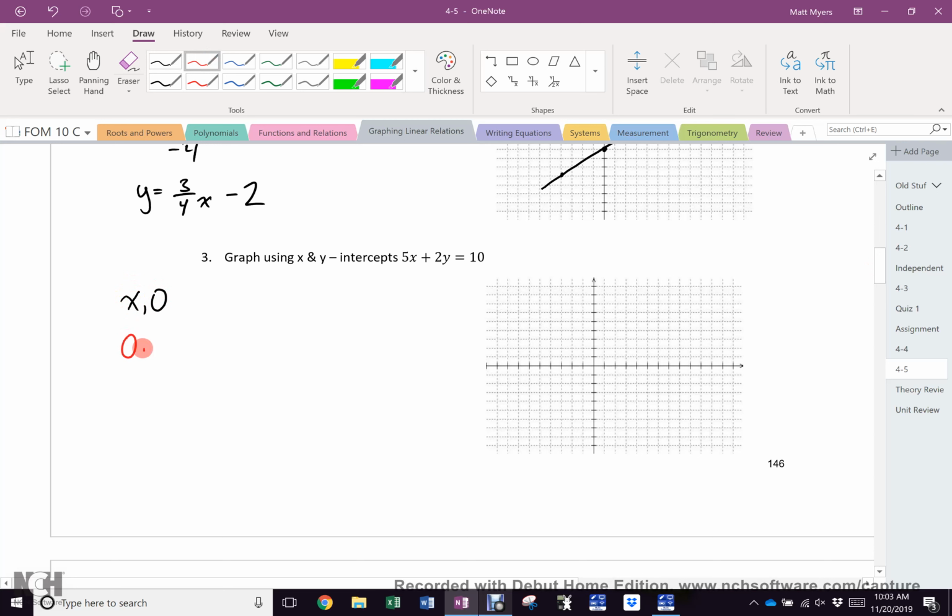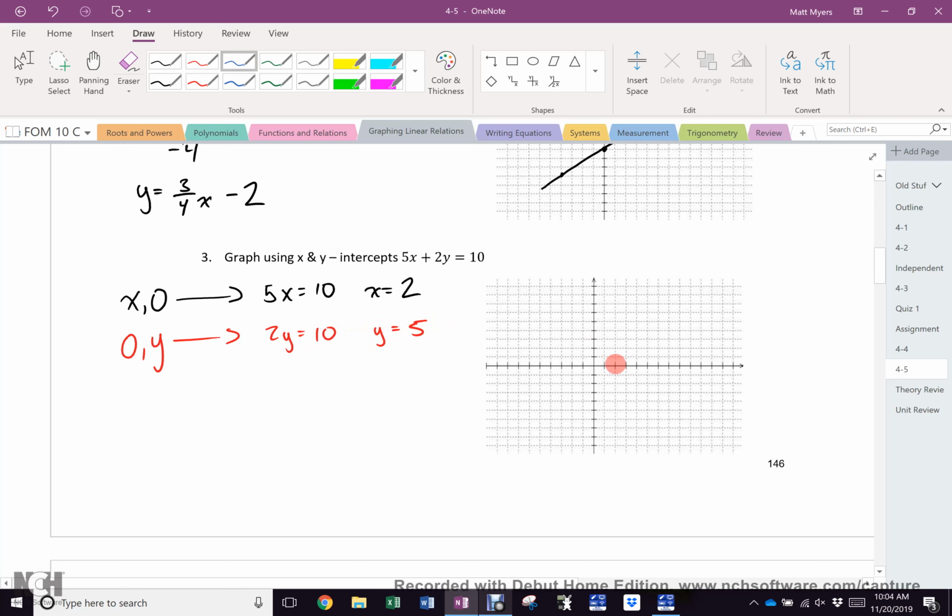Y, 0, y. Excellent. So, in the first one in black, what am I going to end up with? Five x equals 10. And x will equal what? 2. In the second one, in red, what am I going to end up with? And y will equal what?